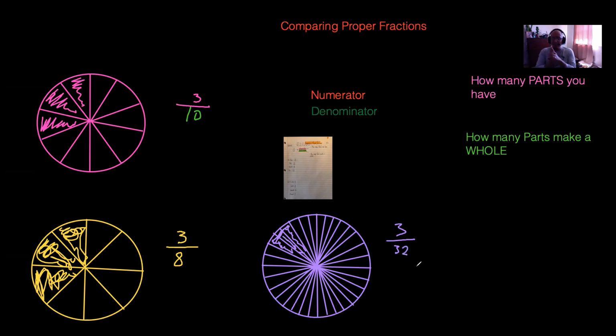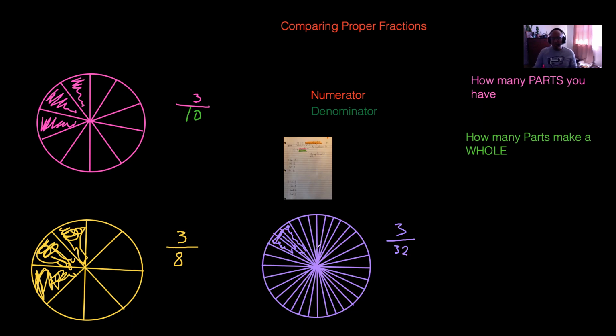Okay, now let me ask you this question, which is kind of obvious. Did you guys each receive the same number of pieces? Yeah, you did. You each received 3 pieces. However, did you receive the same amount of pizza? Think about it. Is this piece, the 3/10, the same as the 3/8, the same as the 3/32? No, it's not.